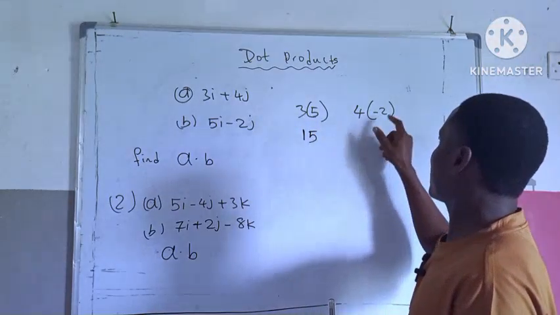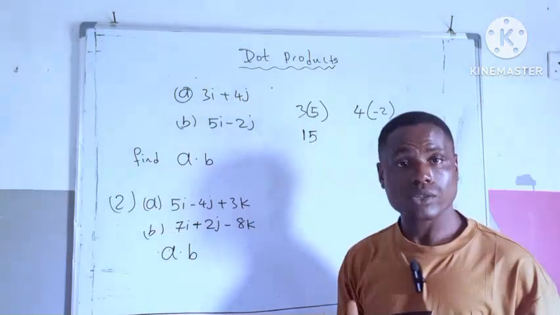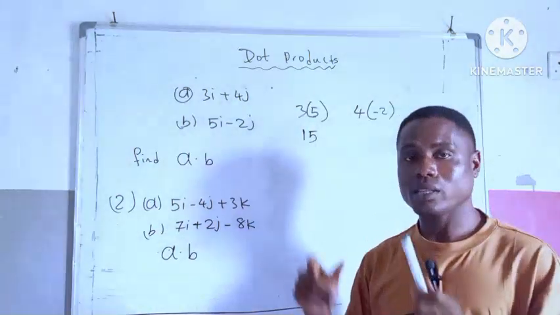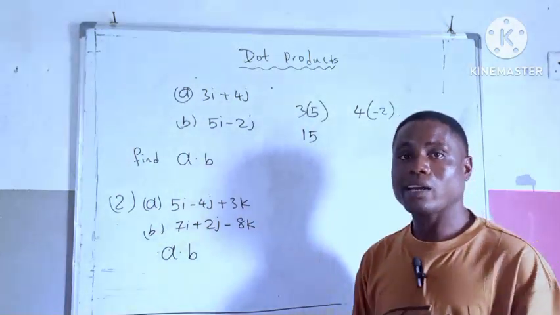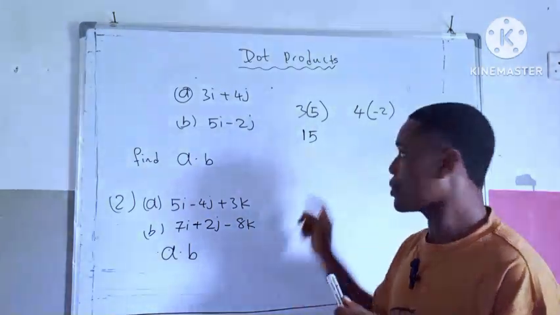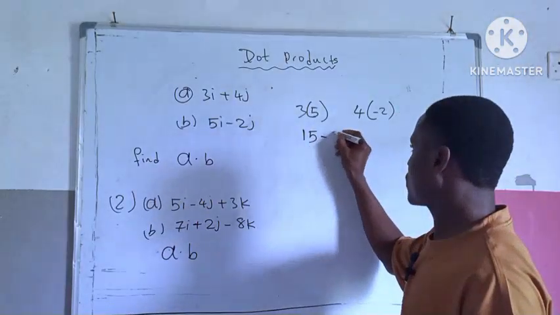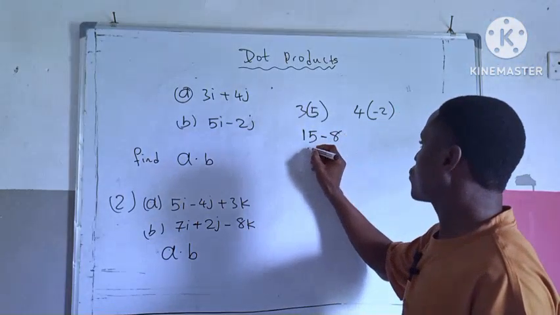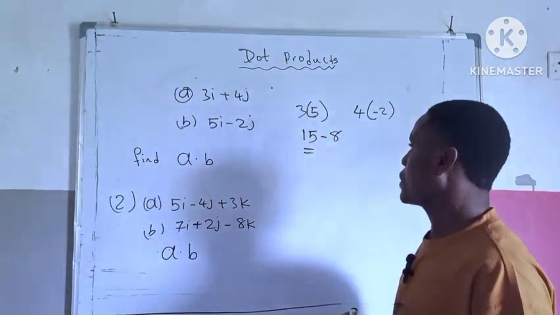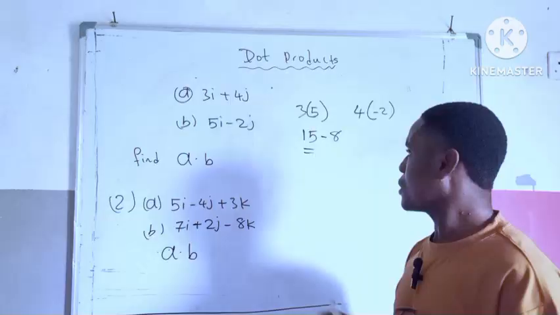Then 4 times minus 2: 4 times 2 is 8, then you add the minus sign, so 4 times minus 2 is minus 8. So 15 minus 8 is 7.